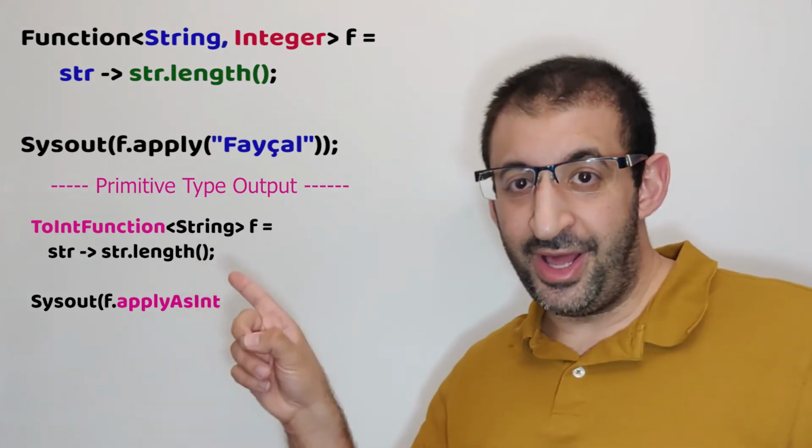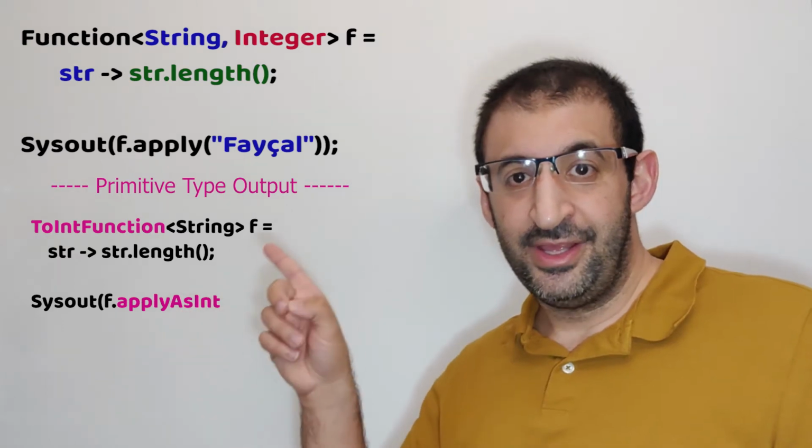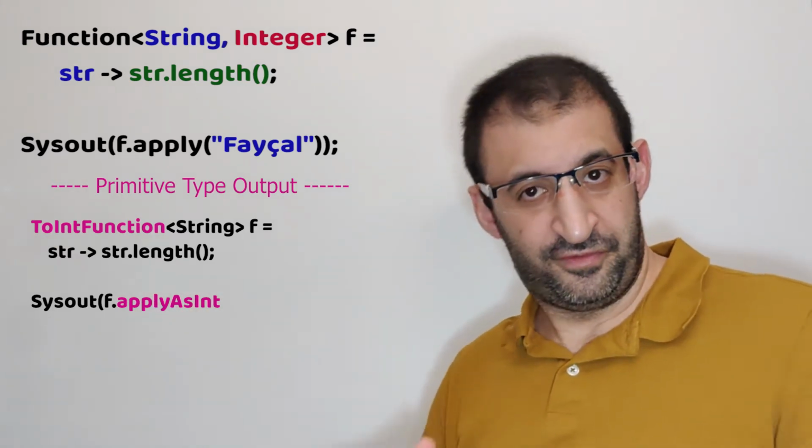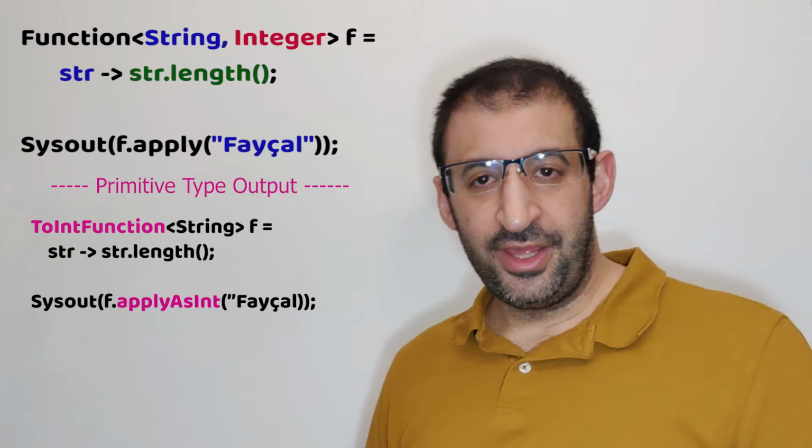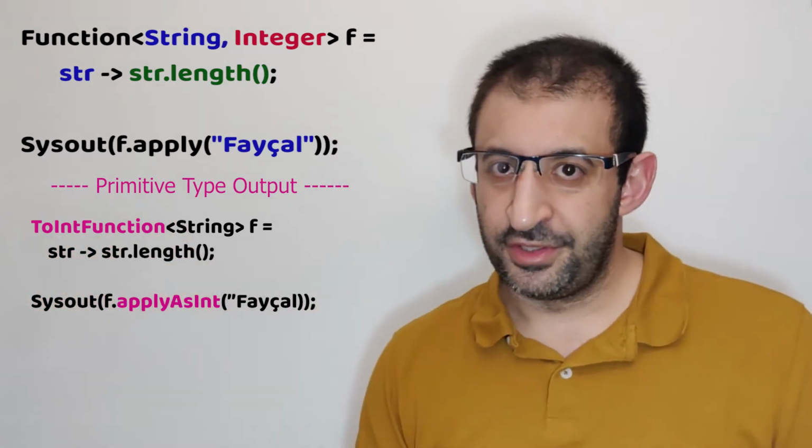I repeat, f.applyAsInt. So the return type will be directly int, with no conversion. I hope you understood the standard I have put here. It is very important. So let's execute this code to see the result, and then continue with the last example. Let's go.